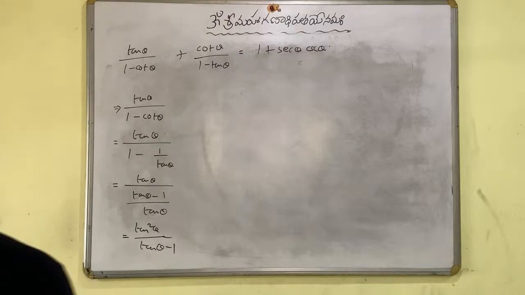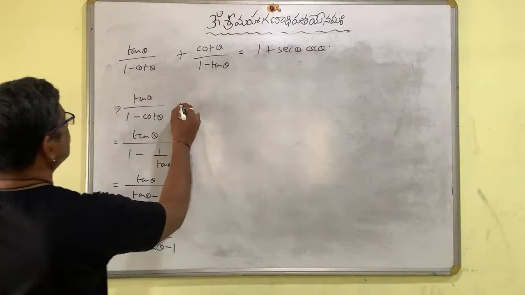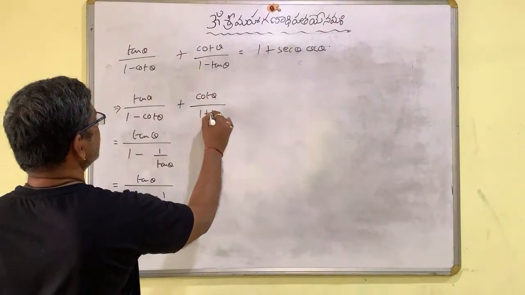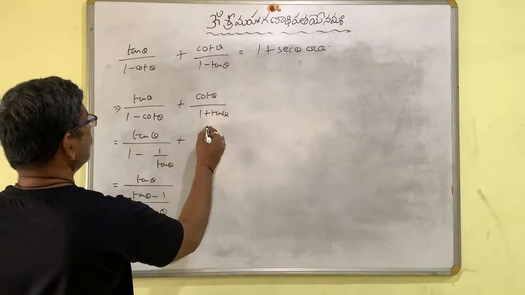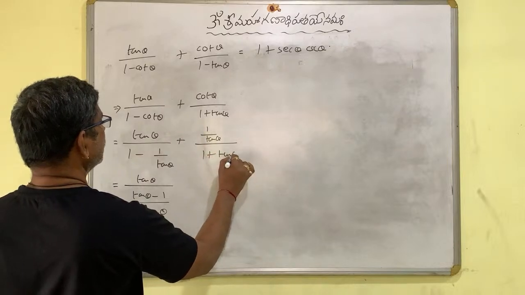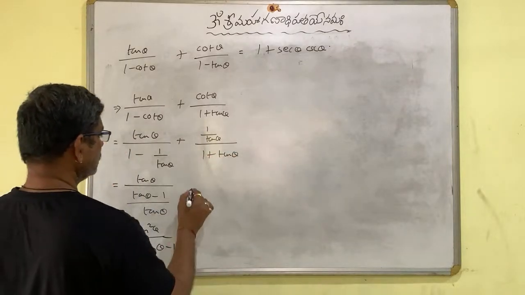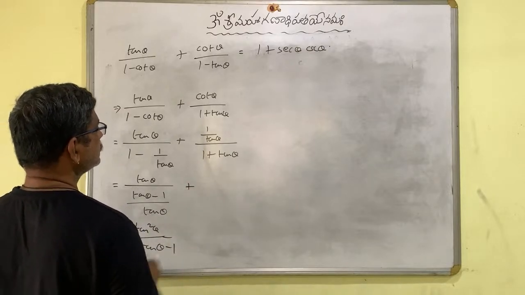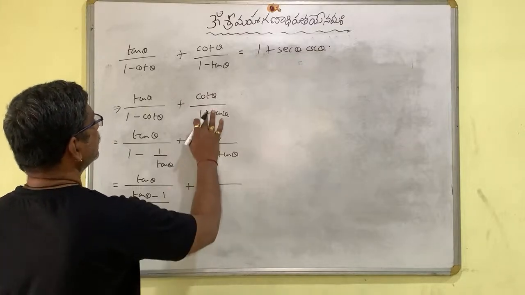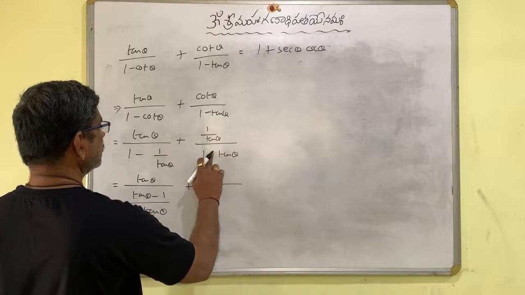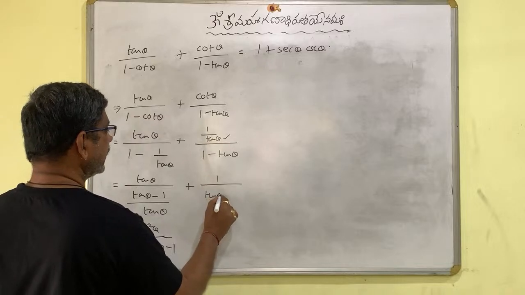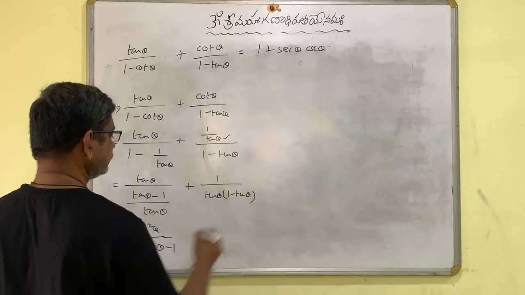Okay. Now, second one. Cot theta by 1 minus tan theta. 1 by tan theta by 1 minus tan theta. This will be multiplied with the denominator, tan theta into 1 minus tan theta.